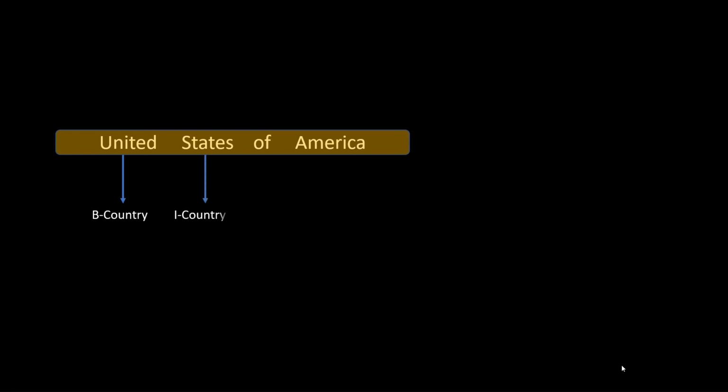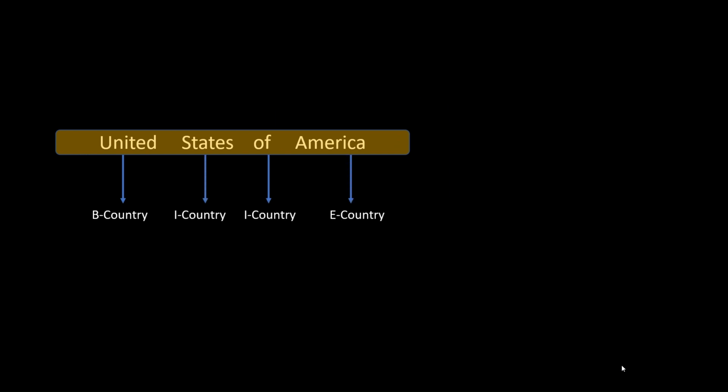Let's say you wanted to tag United States of America as the name of a country. This seems to be four words, but it is a single entity, a geographical location, a country. How could you tag it?